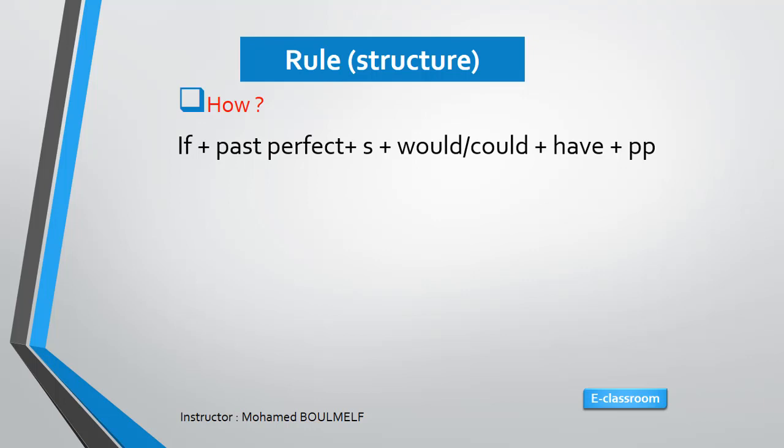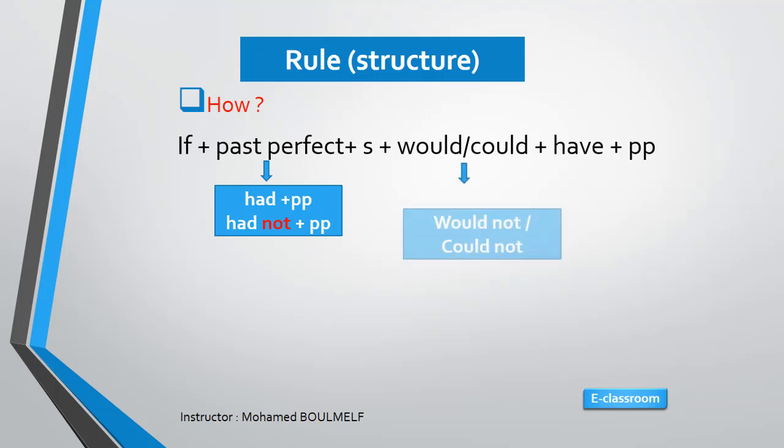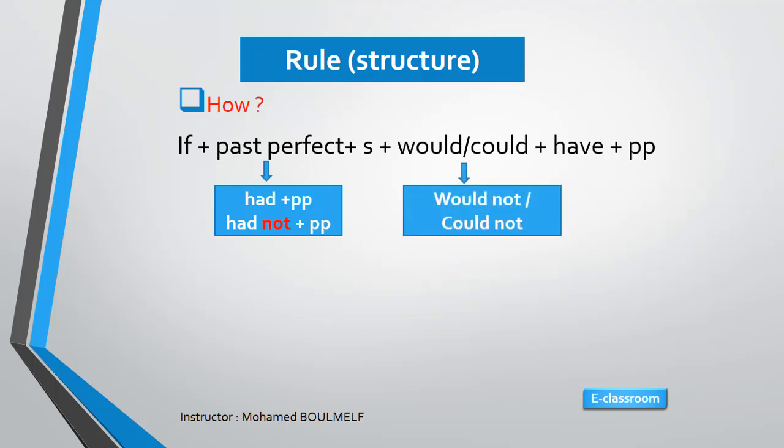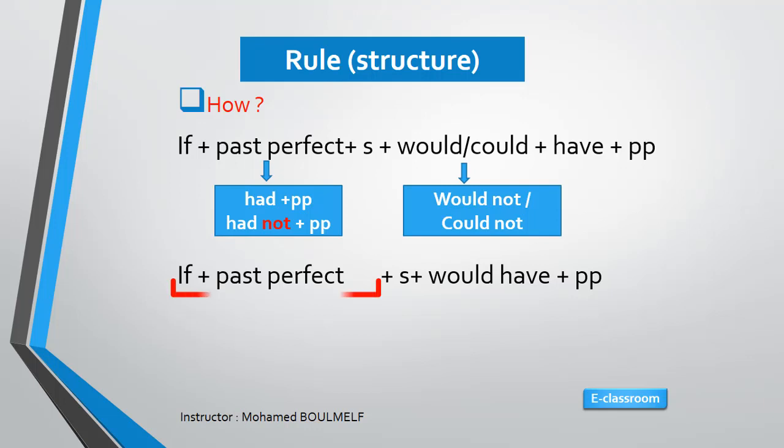So don't worry, don't panic, the teacher is here. For the past perfect you need had plus past participle. This is for the affirmative form, and for the negative you just need to add not. Sometimes you have would not or could not for the negative form. If plus past perfect plus subject plus would have plus past participle.